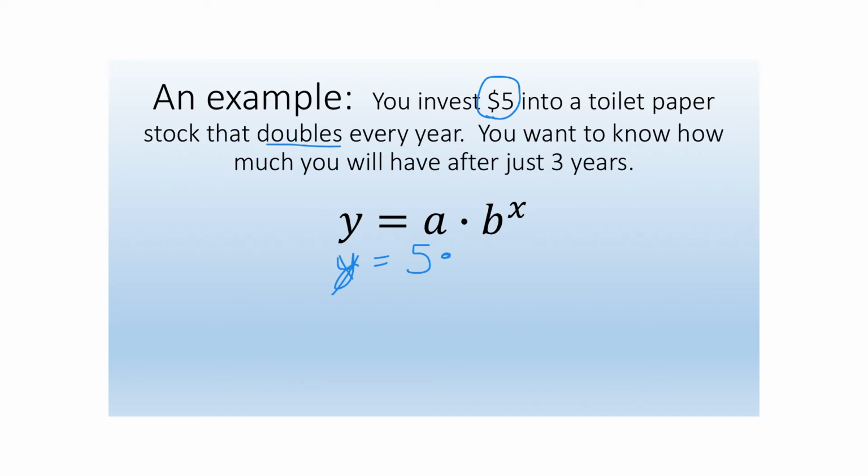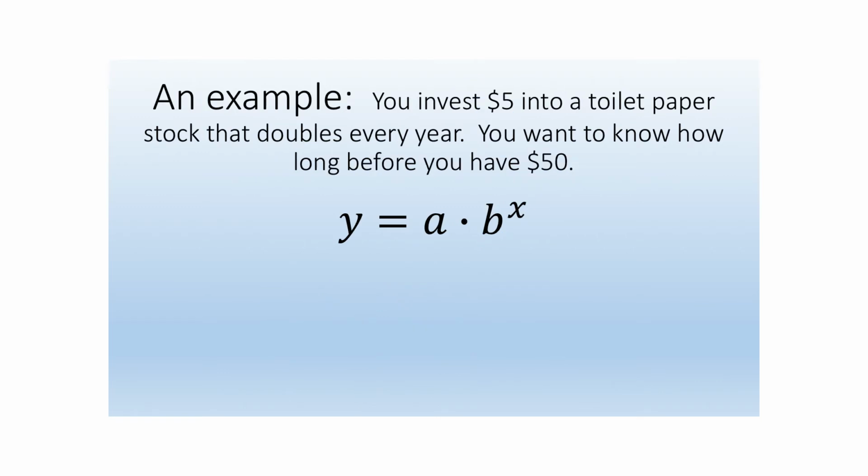B is that it doubles, so you put a 2 there. If it tripled, you'd put a 3, etc. And then x is going to be the 3 years, because that's how many times, each year that it went by. Then you just solve using GEMDAS. So you do your exponent first, and then multiply them together, and you would have $40.